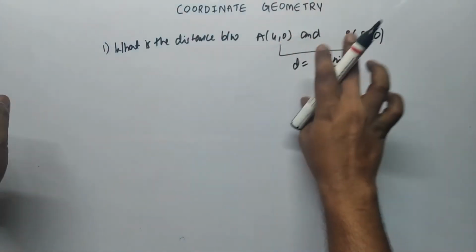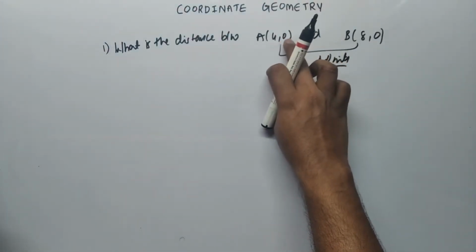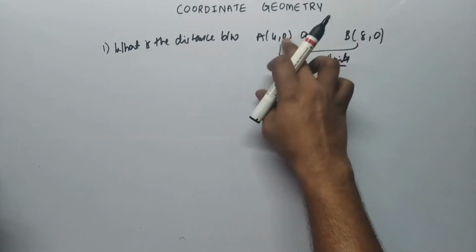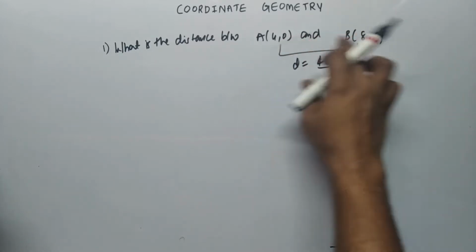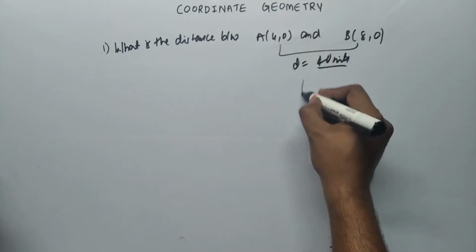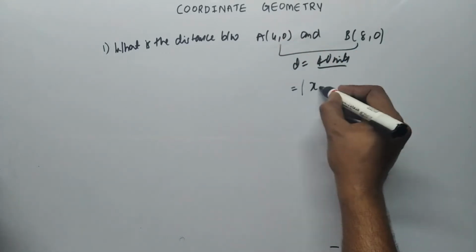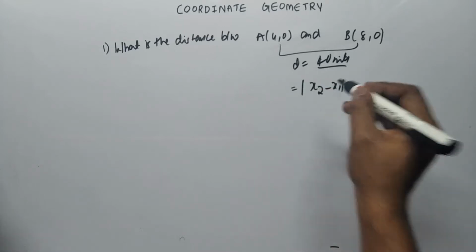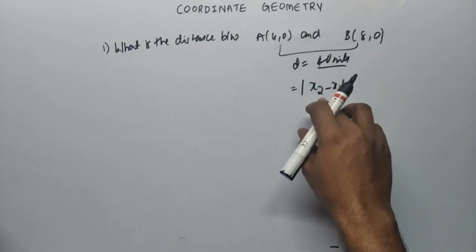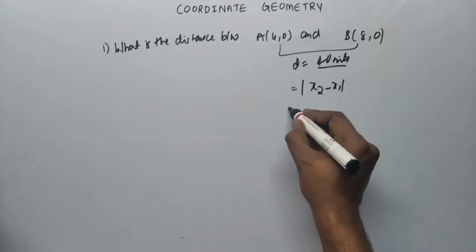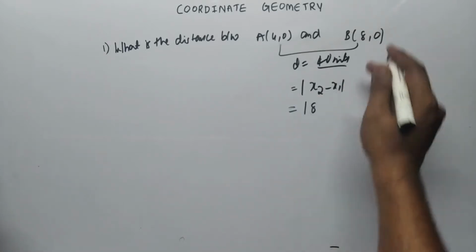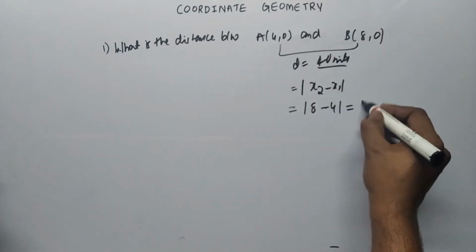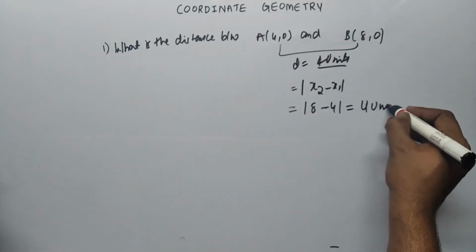Whenever one of the axes' coordinates is the same, suppose here we have y coordinates as 0, 0, we can directly find the distance with the formula mod of x2 minus x1. Why are we using mod? Because the distance value should not be negative. So here this is x1, y1, x2. So 8 minus 4 is 4. So we got the answer as 4 units.